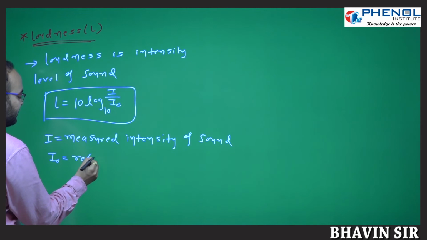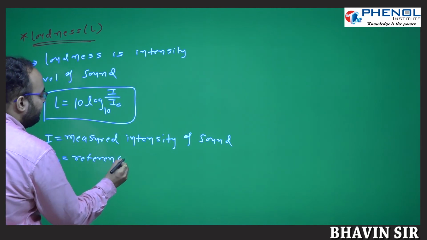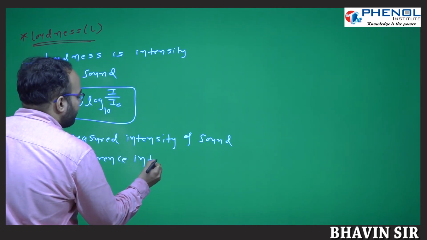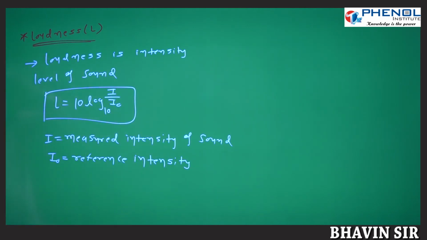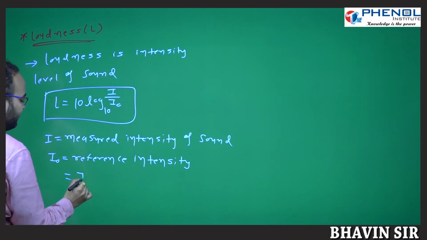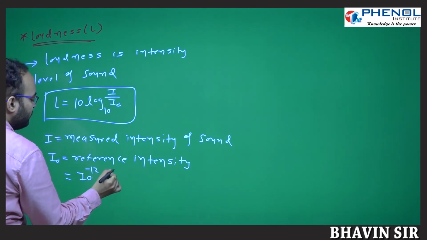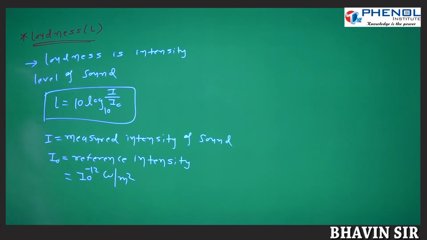I0 is the reference intensity, and its value is fixed: 10 raised to minus 12 watt per meter square. And what is the unit of loudness here? Decibel.